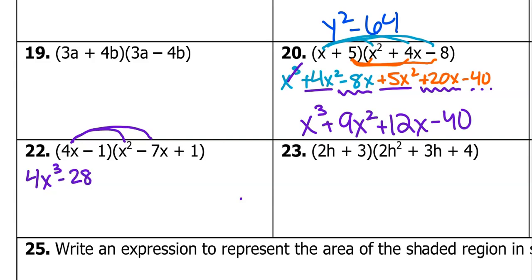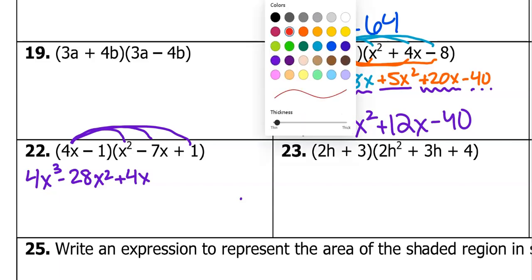And then is it going to be x or something else? X times x. Yeah, good. Am I done with the 4x? Nope, what am I going to do now? So that gives me... So we're multiplying. So 4 times 1 just stays 4.